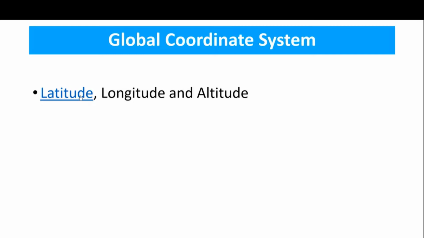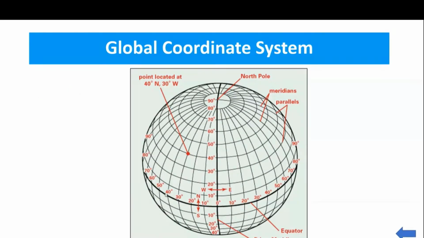So in geographical terms, if we want to know the location of any point on the globe, we require longitude and latitude. These vertical lines are longitudes and these are the latitudes.